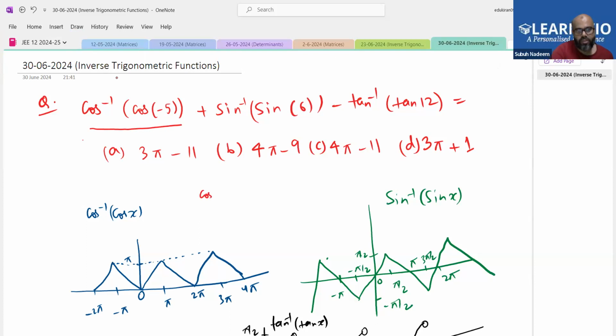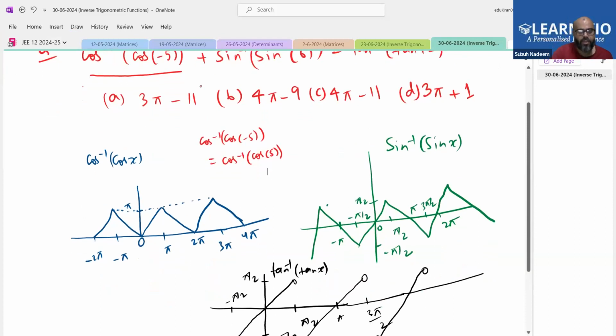So basically cos inverse cos minus 5 can also be written as cos inverse cos 5, because inside cos the minus sign gets absorbed. Now where does this 5 lie on the x-axis? Pi is 3.14.